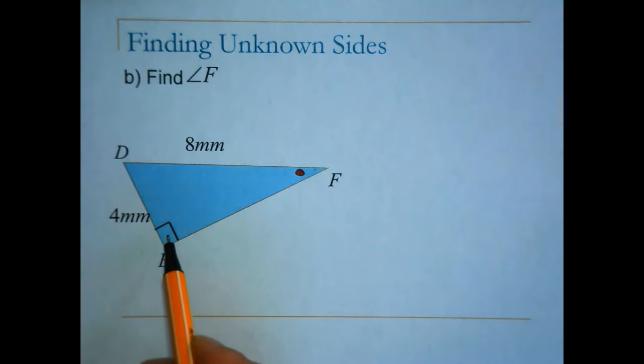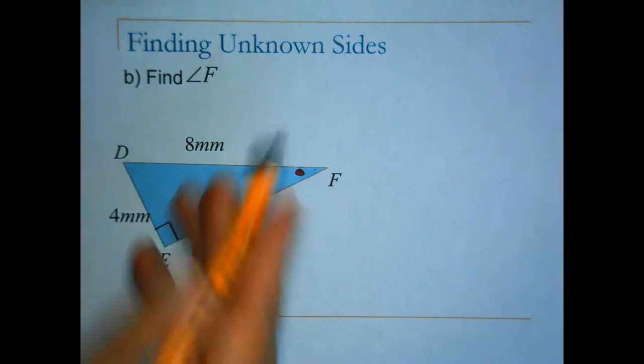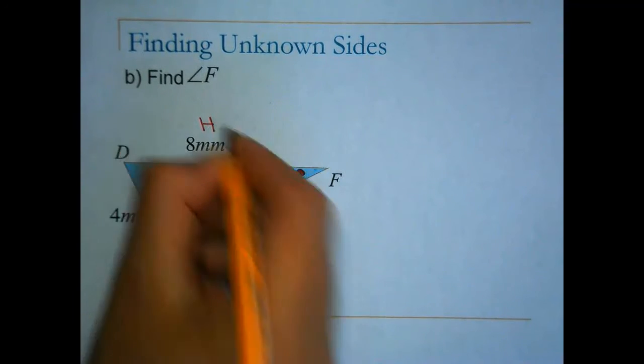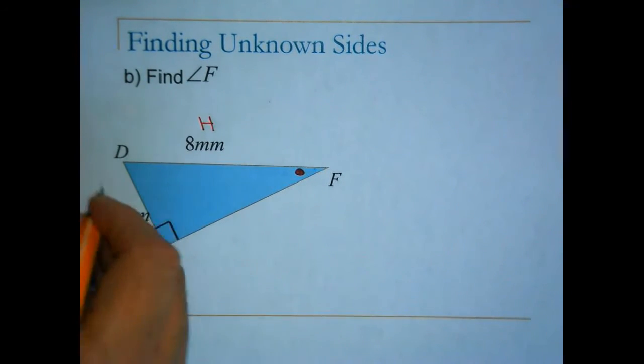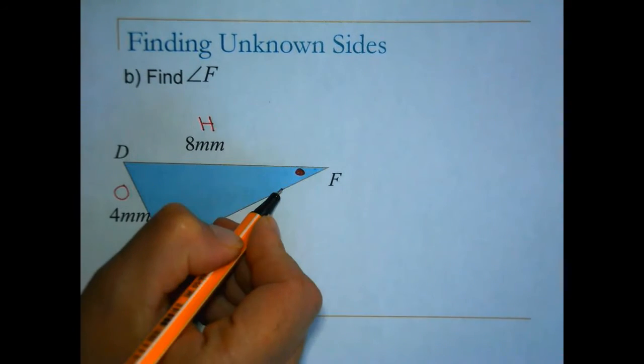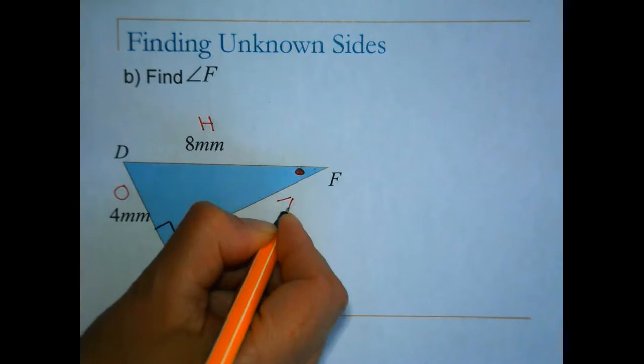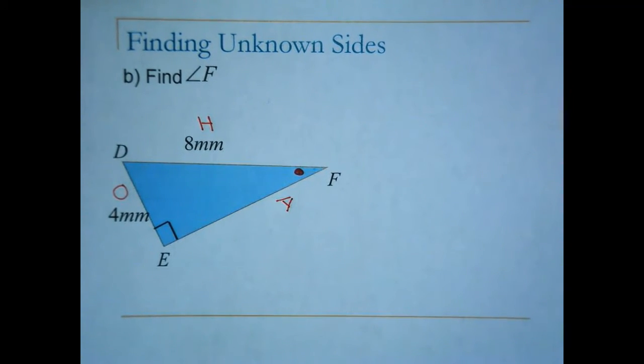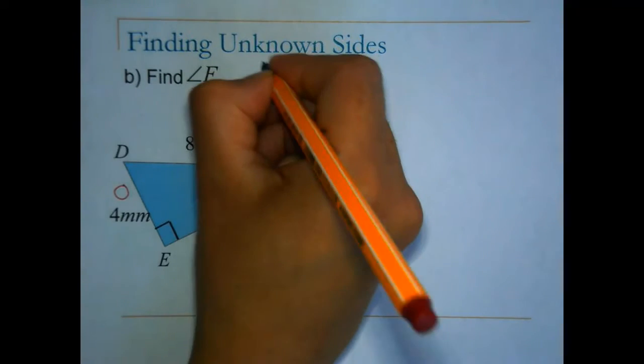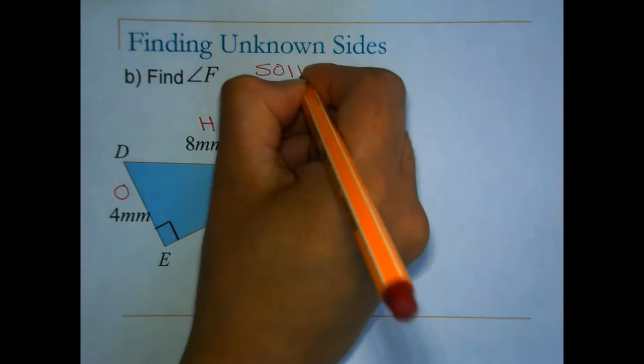Opposite the right angle is always the hypotenuse. Opposite this angle will be the opposite side. Next to it will be the adjacent. So I'm going to write my SOHCAHTOA here.